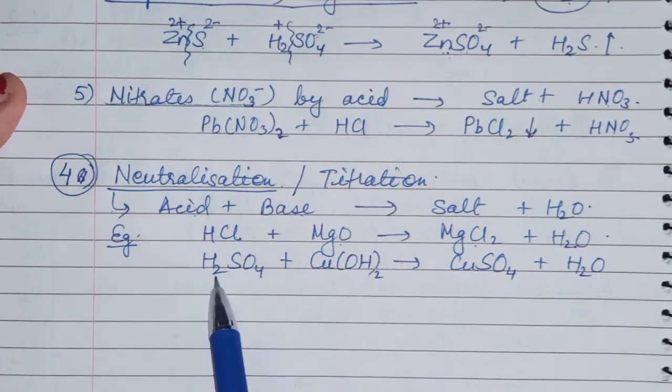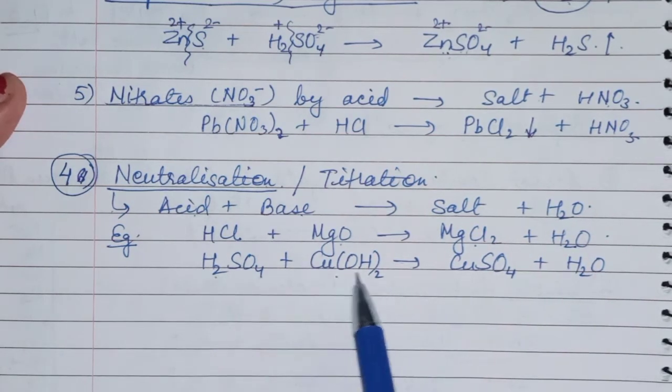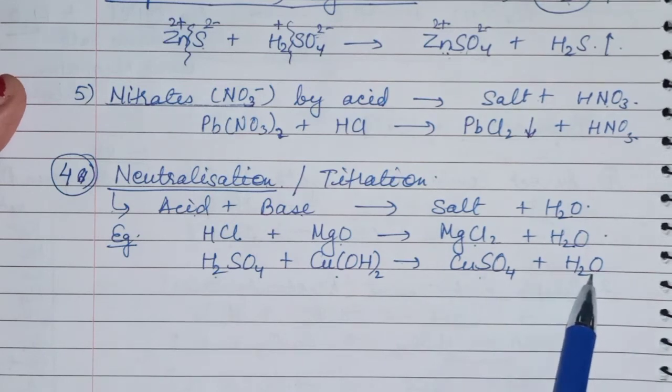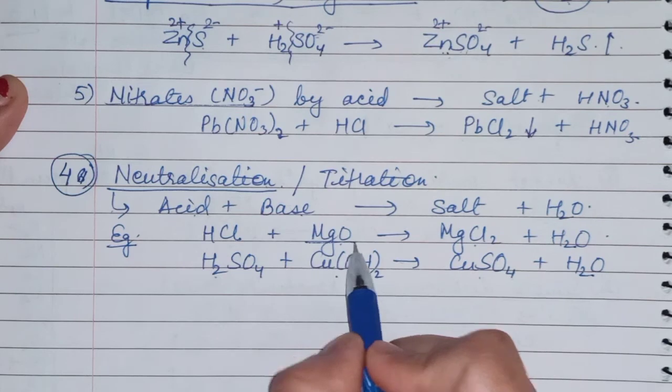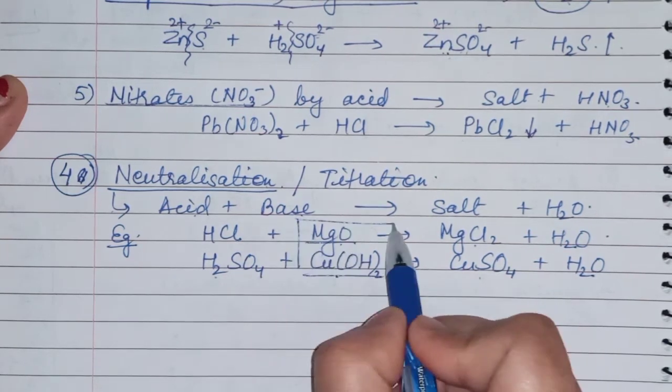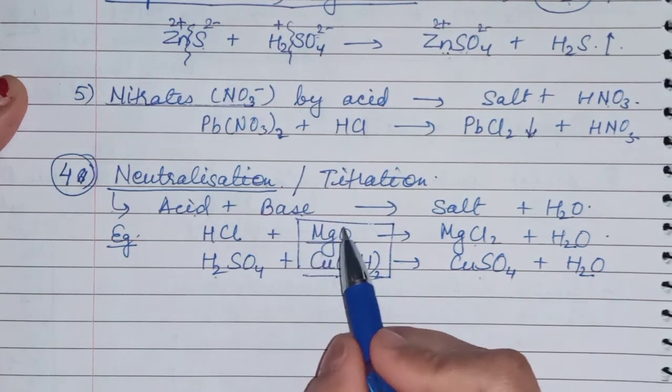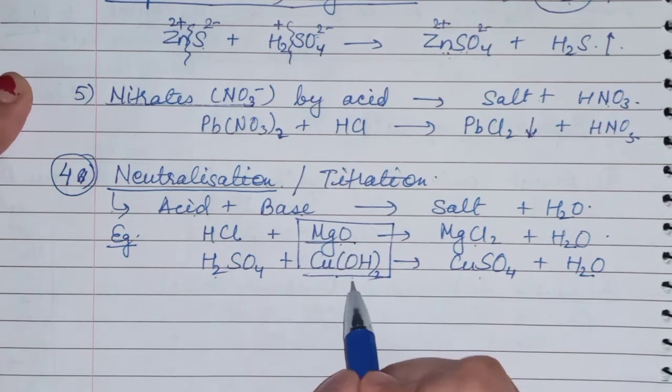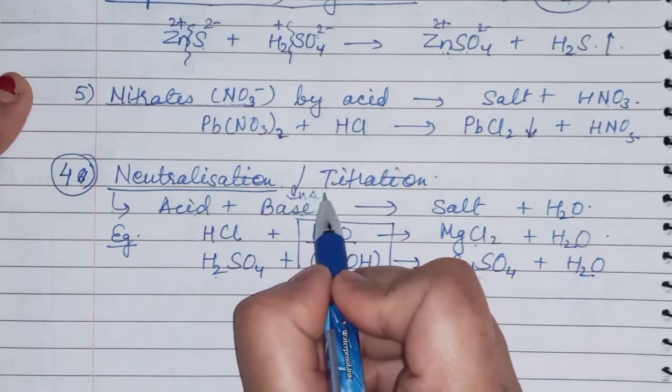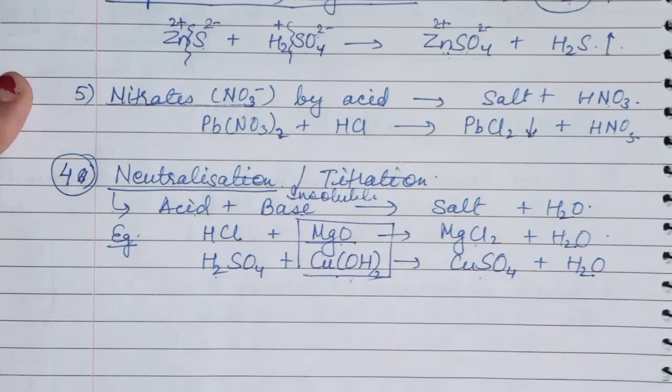Another example is sulfuric acid with copper hydroxide, which will give copper sulfate and water. So children, what you have to notice here is that these two bases are insoluble bases. They do not form a solution with water.